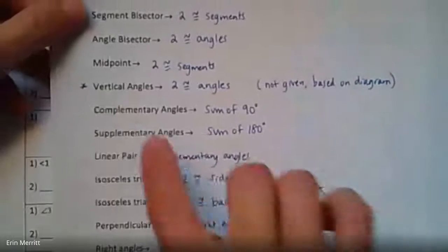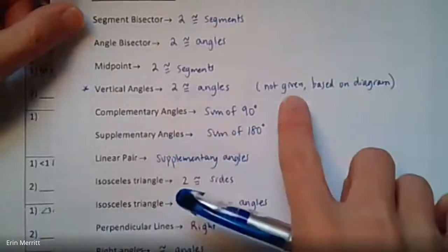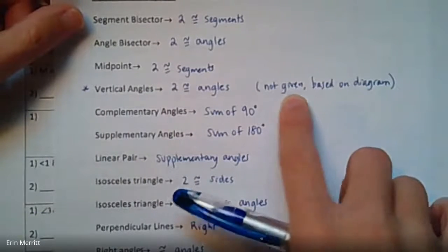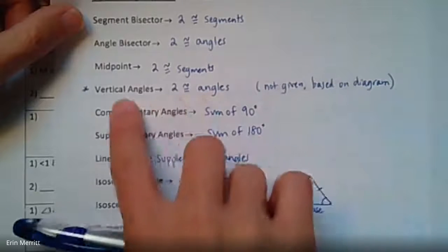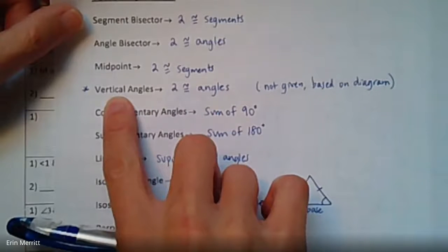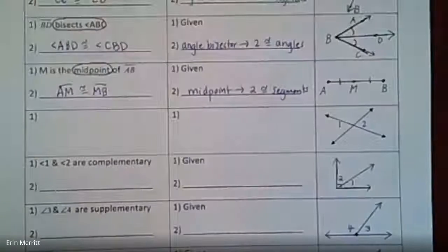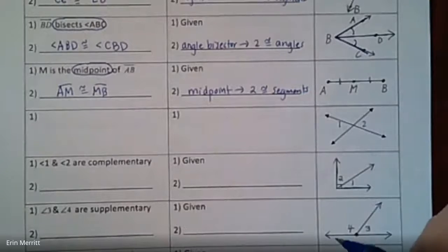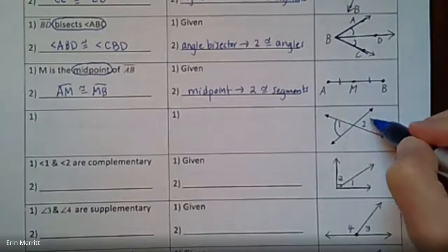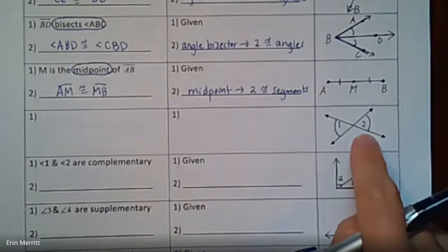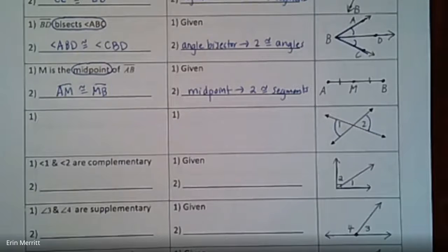All right. Here's the one that we starred. We mentioned that for vertical angles, you would not be given anything. It would just be based on the diagram. So when you see no given in this case, and you see those little X-shaped lines, that means that I've got two congruent angles because they're vertical. So how we would do this is we'll use the ones that are labeled. We'll often just put numbers inside the angle so that we can reference the angle by the number.